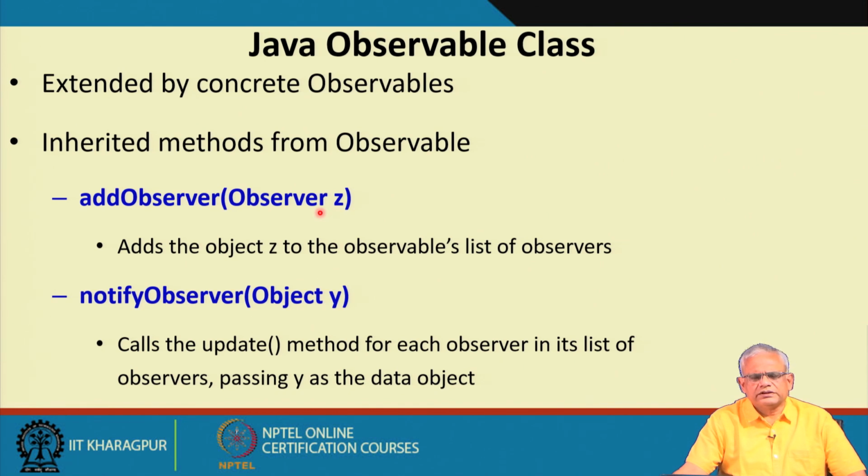And as usual, the Java Observable class has add observer, where the observer registers, and then notify observers: as a change occurs, the observable calls notify, and the update methods of the observers are invoked inside the notify observers method.